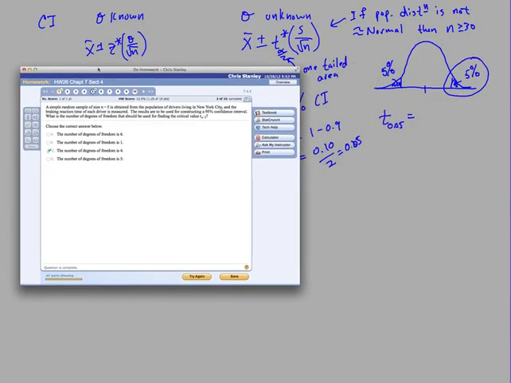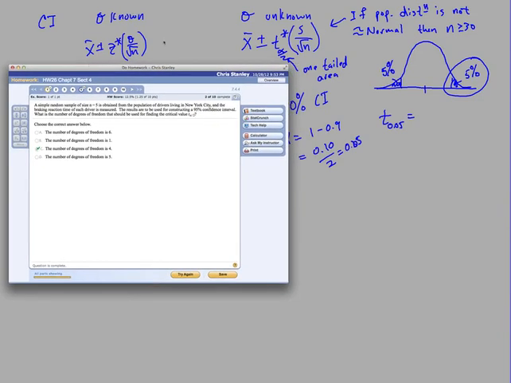If you're interested in going on, we want to play with this formula a little bit. So, n equals 5, so the degrees of freedom will be 4.